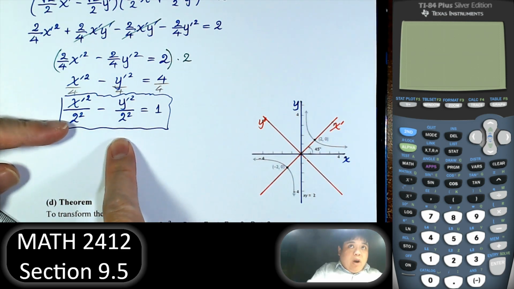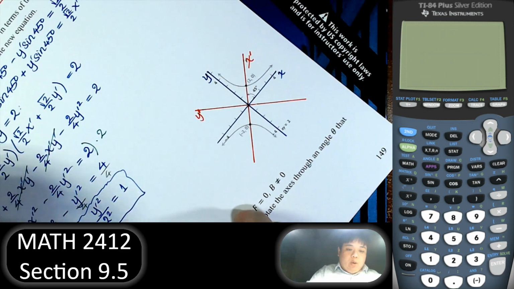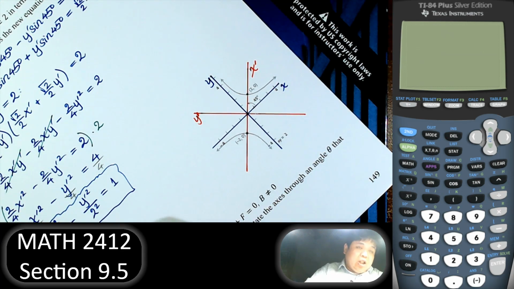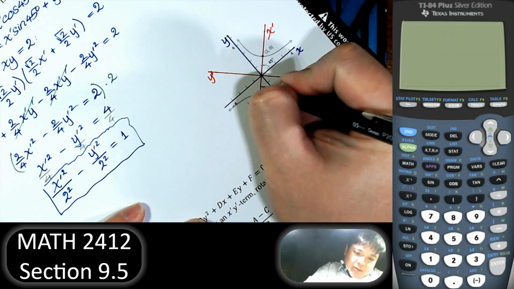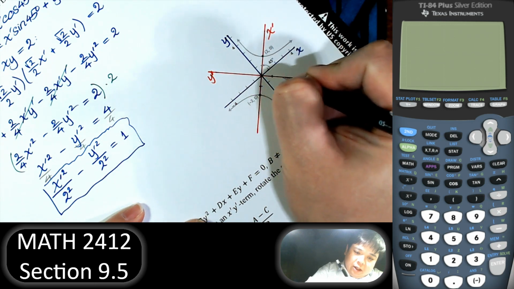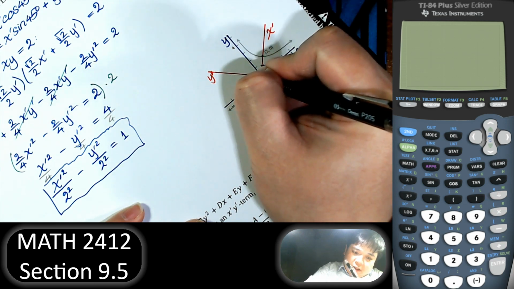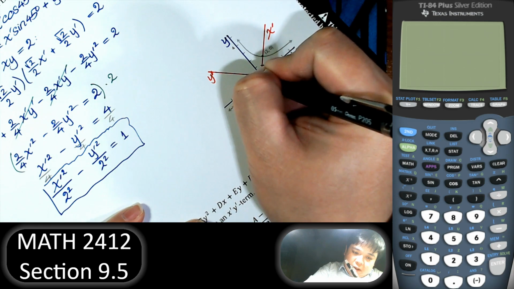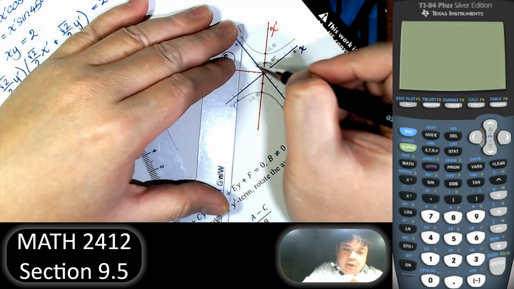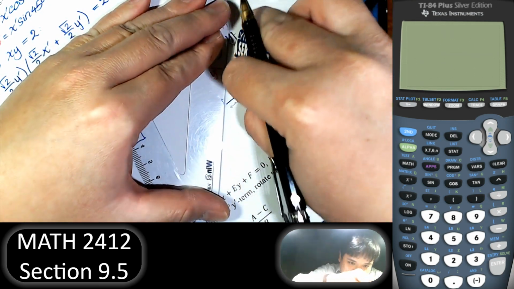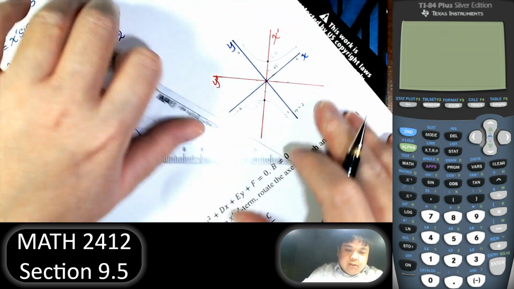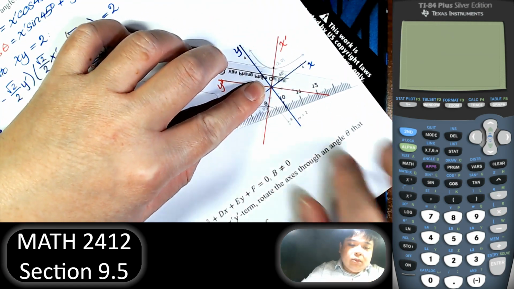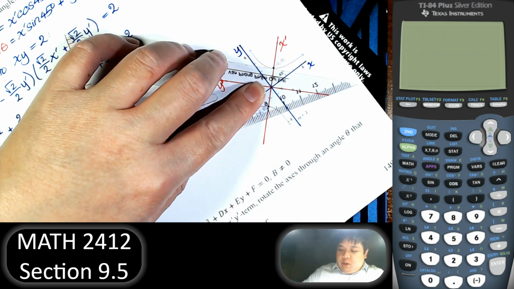And then in order to graph this in the x prime, y prime coordinates, we go 2 up, 2 down, and 2 left, 2 right. So we will have the box.